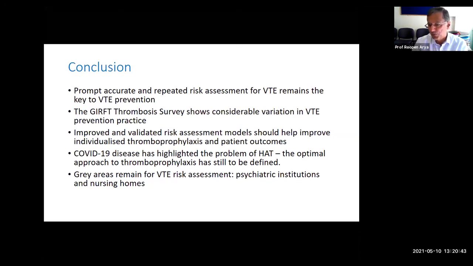The optimal approach to thromboprophylaxis has yet to be defined. Many gray areas remain, which are largely evidence-free zones, psychiatric institutions and nursing homes. And I was delighted to see that Thrombosis UK had one of the webinars focusing on the psychiatric setting last week. So I think I'll stop at that point.